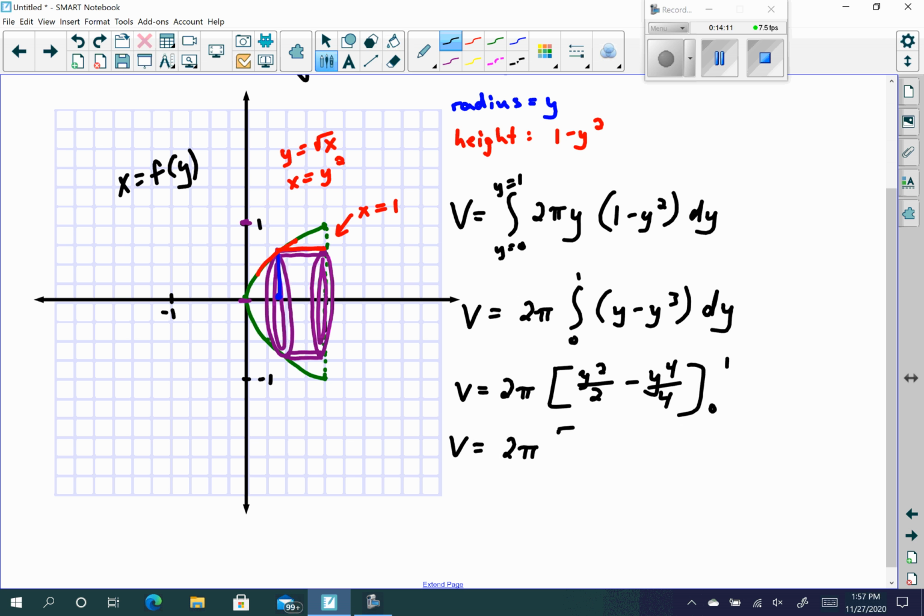So we're going to get a 1/2 minus 1/4, technically minus a 0. So there's really 2/4 minus 1/4. So we're going to get a 1/4 here. So we end up getting pi over 2 cubic units.